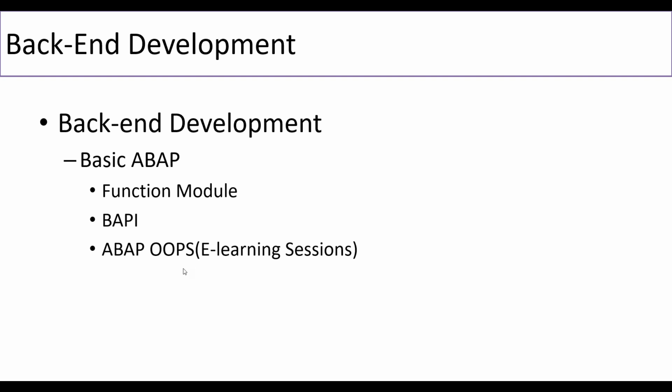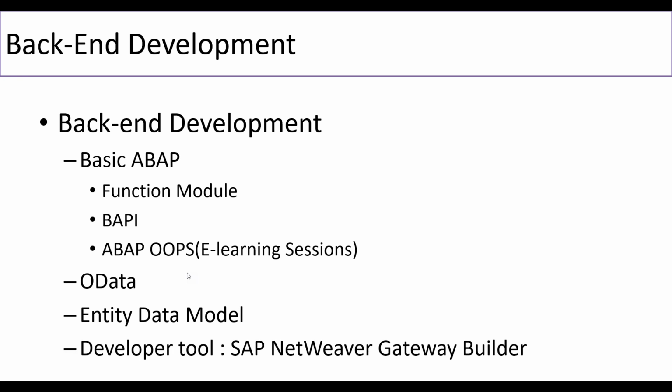But knowing it is always a plus, right? And then OData. I'm just dividing this as a backend developer skill separately. Entity data model, and you should get acquainted with SAP NetWeaver Gateway Builder, also called Gateway Builder. So this is about the backend development.